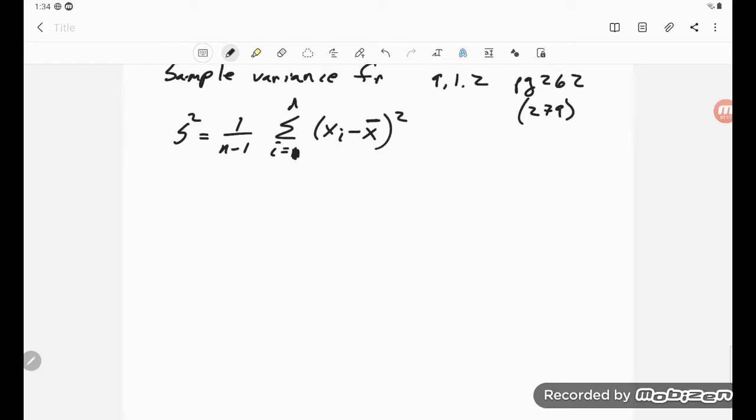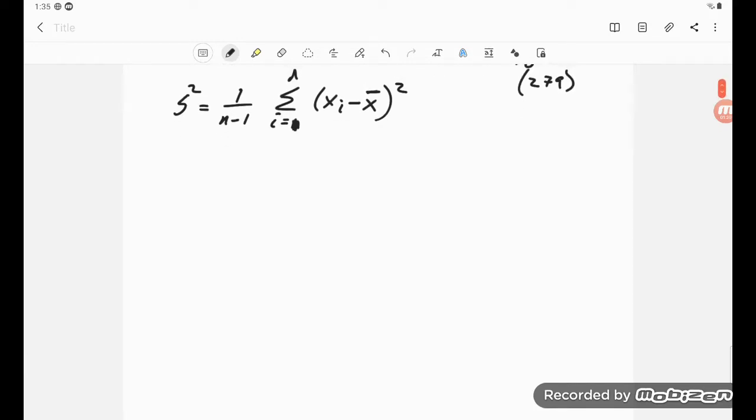And now the trick is to add 0 to this again. So that's 1 over n minus 1, the sum i equals 1 to n, and we're going to subtract m, which is the mean of the distribution, and then add it back in.